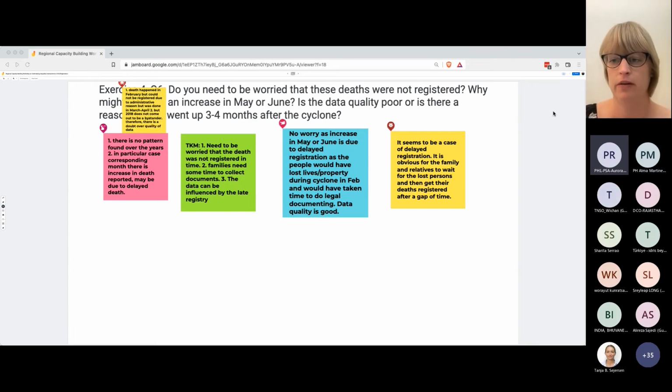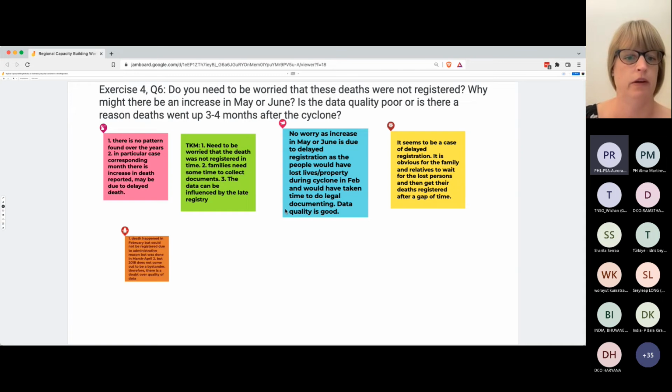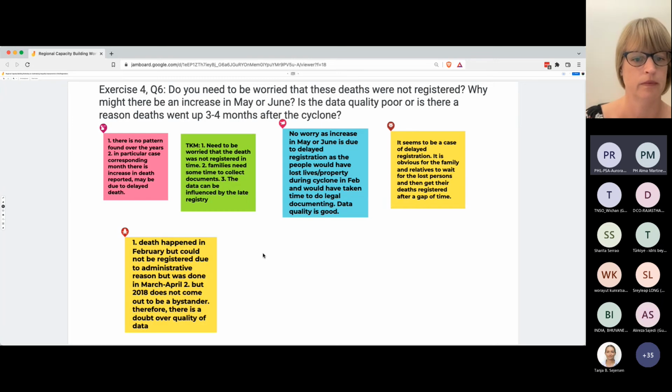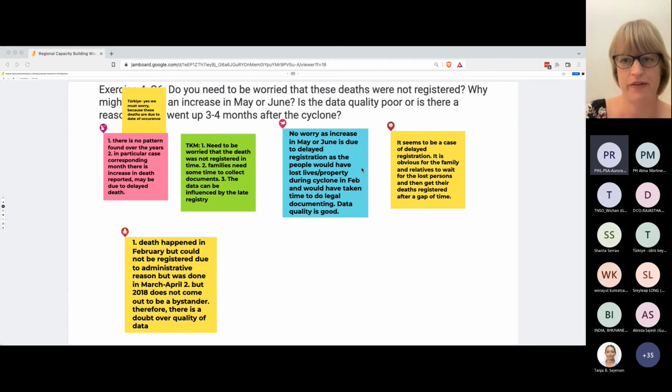Okay, anybody want to volunteer or discuss more what you have on your sticky notes? Nobody, everyone's feeling shy.